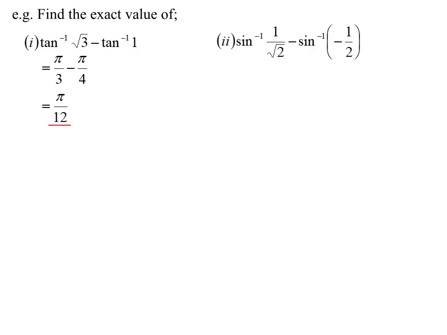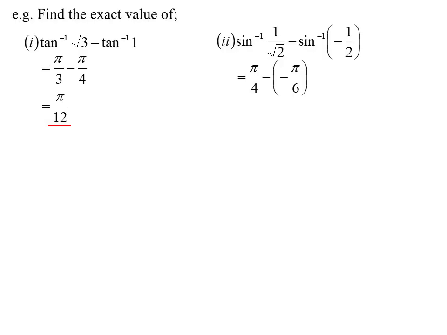Inverse sine of 1 on root 2 minus the inverse sine of minus a half. There's a couple of ways I could do it. This way, what I've done, well, 1 on root 2 is nice and easy, that's pi on 4. But inverse sine of minus a half, remember there's only one possible answer, so you have to think about what is the range of the inverse sine function. The inverse sine function could only give us answers that are acute or negative acute.